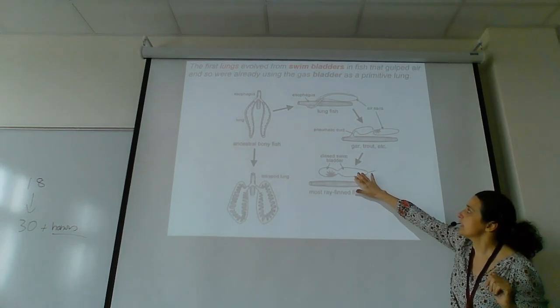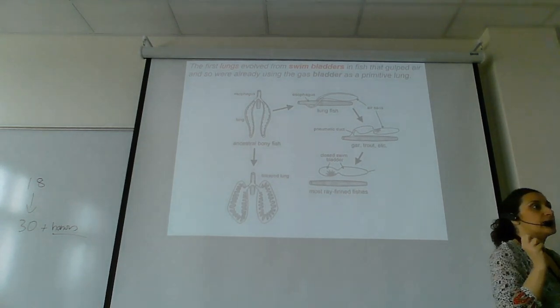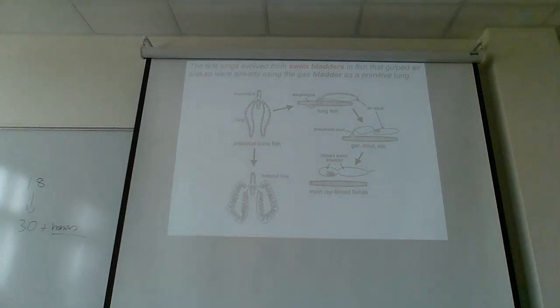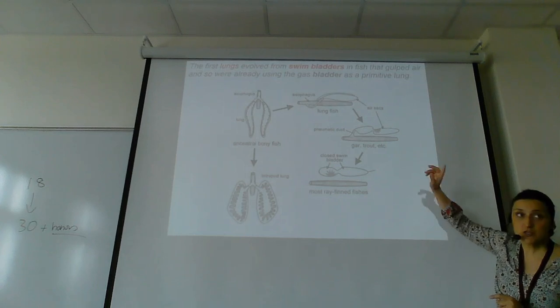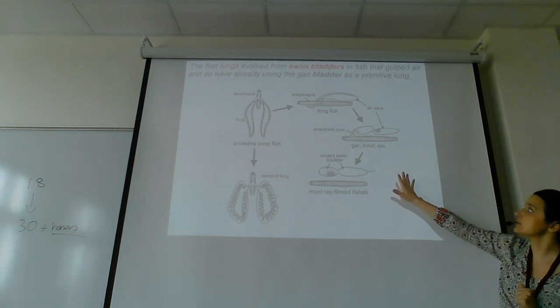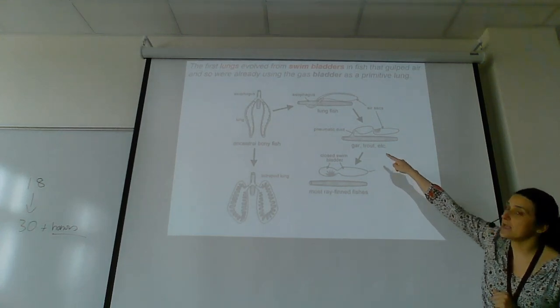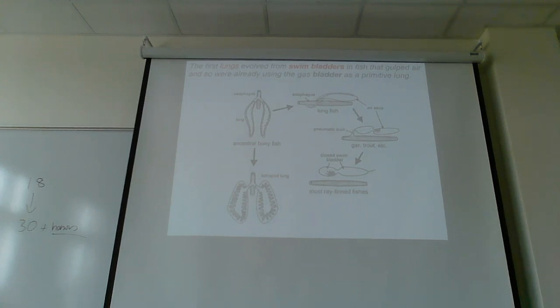So the swim bladder gets its air from blood circulation. Blood can transport gas. But there is another type of fish, which is less abundant, that has a connection there between the gas bladder and the esophagus.